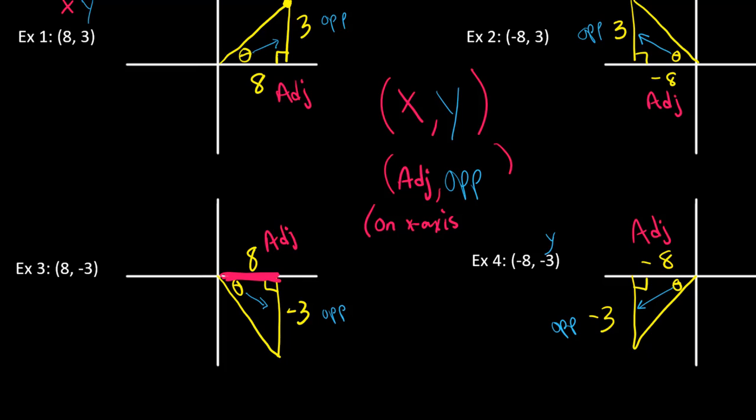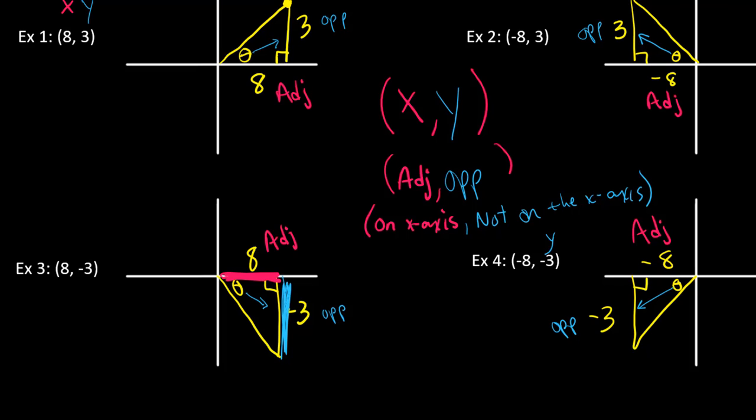The opposite side, the Y value, is the leg of the triangle that extends either up or down, depending on whether the Y coordinate is positive or negative. So X and Y are adjacent and opposite. The X coordinate is on the X axis and the Y coordinate is not on the X axis.